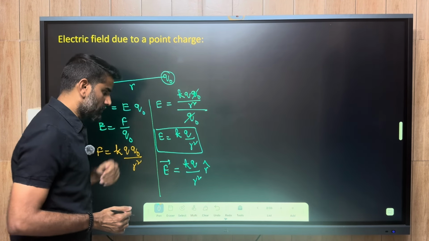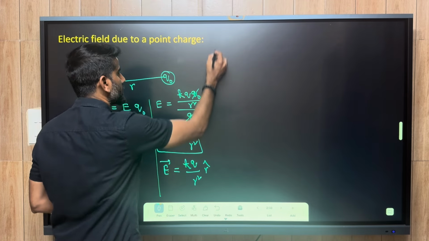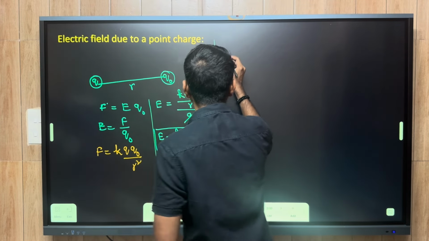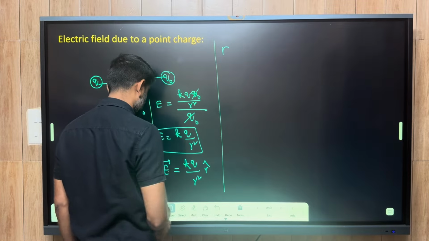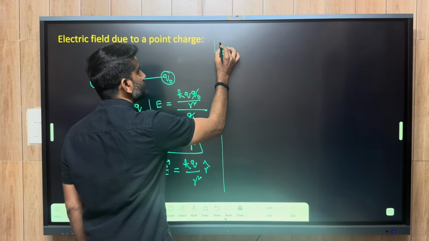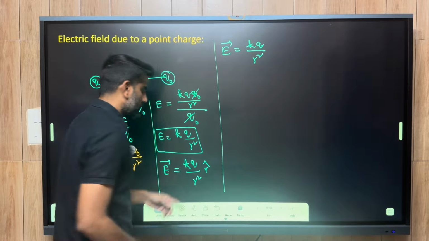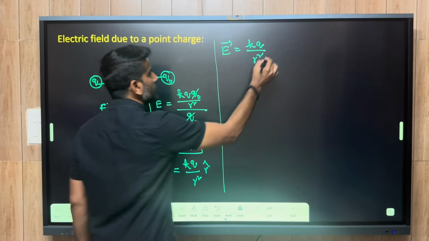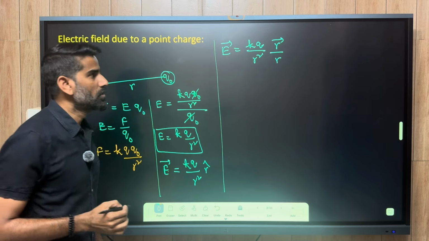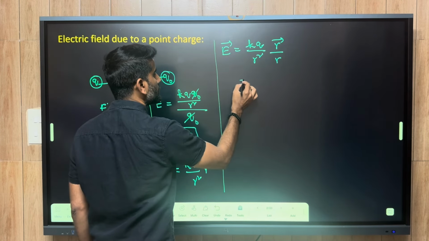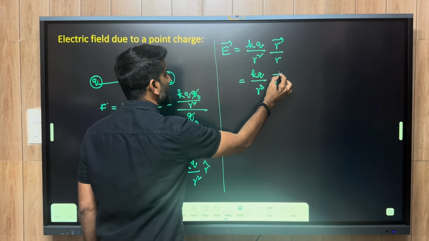This unit vector can be written as the vector divided by its magnitude. Now this R square and R will become R cube. So E is equal to K Q by R cube into the R vector.